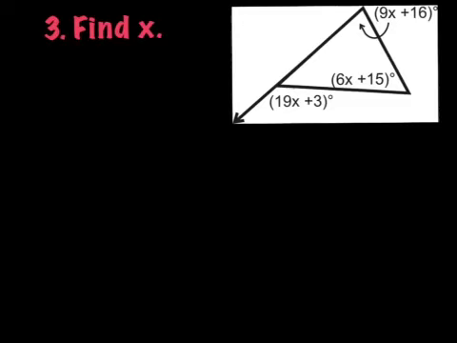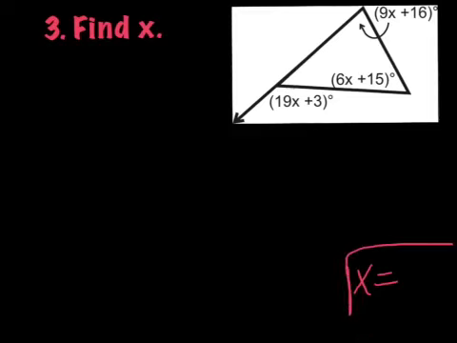Okay, problem 3. Looks a little more complicated. We have a lot of variables and numbers to work with, but it's okay. We still know that these two angles add up to equal this angle. So we have to find x. So let me put a spot for my answer.